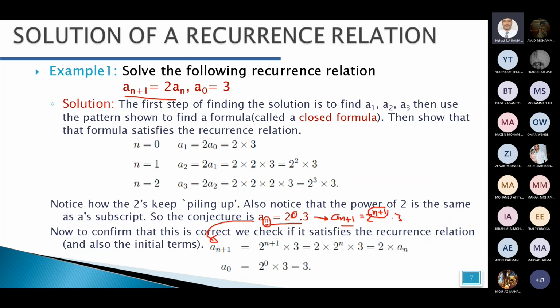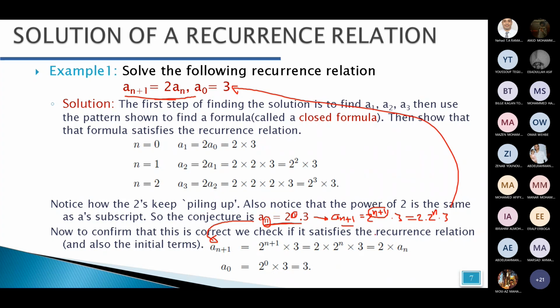So we will start from the solution and get the recurrence relation. If from this solution we get the recurrence relation, then the solution is correct and satisfies the recurrence relation. So this equals 2 power 1 multiplied by 2 power n multiplied by 3.